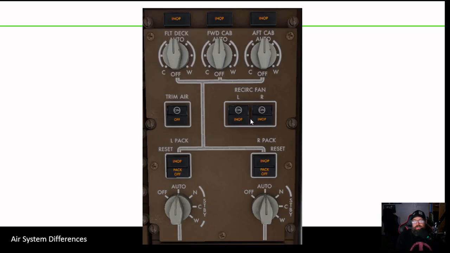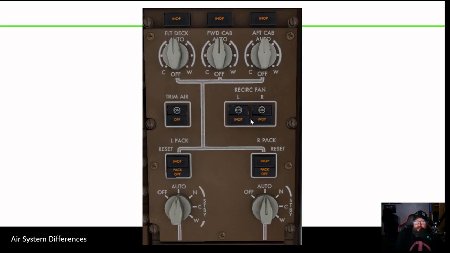The right recirc fan will be listed as inoperative, while the left recirc fan will continue to be operative. Again, the left recirc fan is kept in for the equipment cooling side of things. So on the 7.6, recircs don't exist. On the 7.5, only one exists in cargo. They both exist in passenger. Okay.